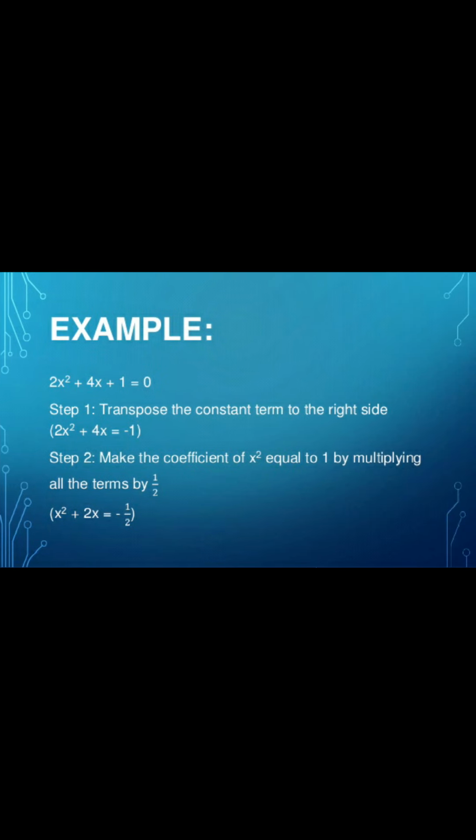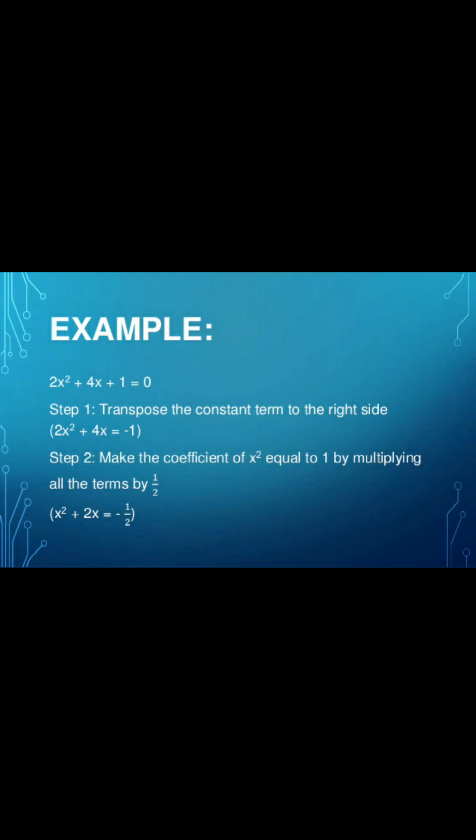Now let us solve step by step with an example. 2x squared plus 4x plus 1 is equal to 0 is a quadratic equation. First step: transpose the constant term to the right side. Here 1 is the constant, so we take 1 to the right side and the equation becomes 2x squared plus 4x is equal to minus 1.